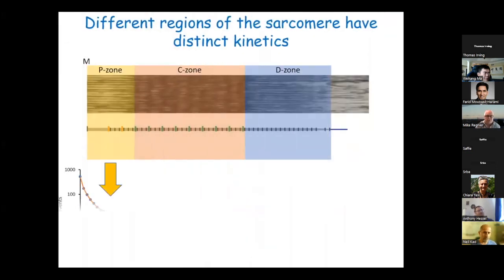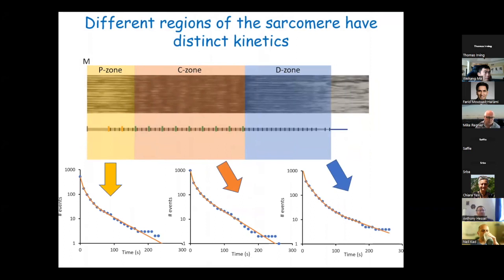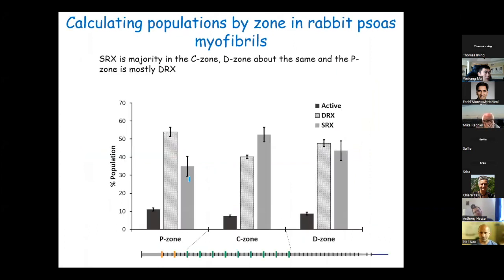If we then take those data and measure the kinetics for each one of those regions and plot the cumulative residence times for each of those regions, we get an idea of how the populations of SRX, DRX, and active distribute across those three different zones.